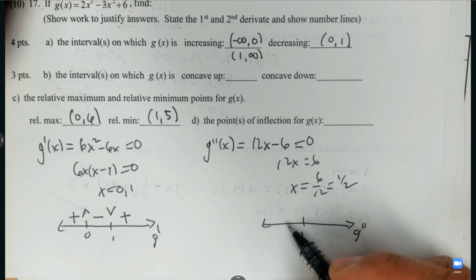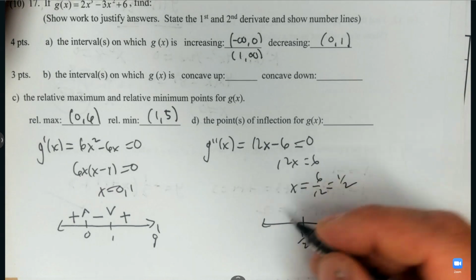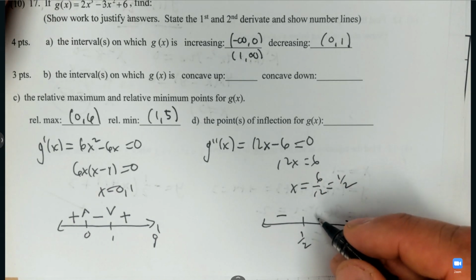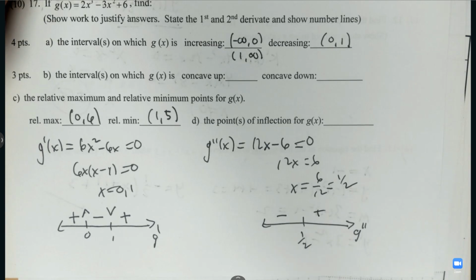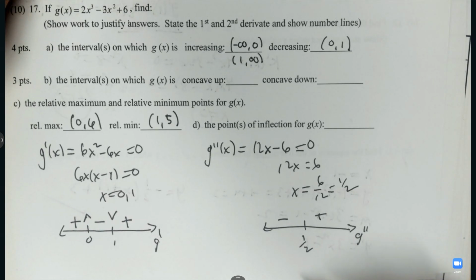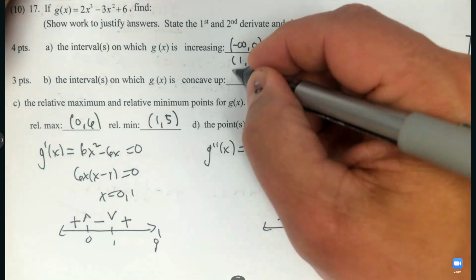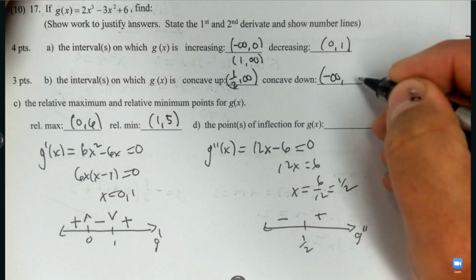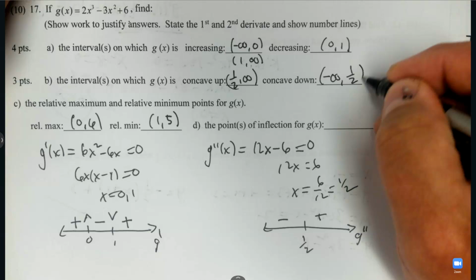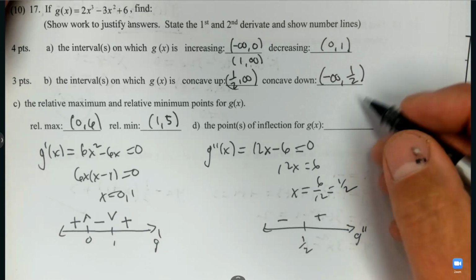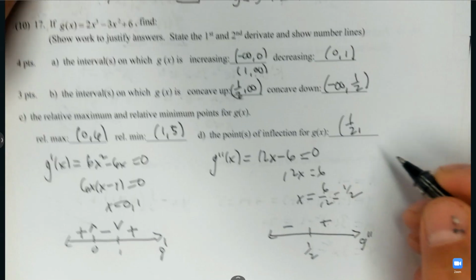If I plug in 0, the answer is negative. If I plug in 10 or 20 or 30, it's positive. So there's a point of inflection here. So it's concave up, first of all, from 1/2 to infinity. And it's concave down from negative infinity to 1/2. And we have a point of inflection at 1/2.